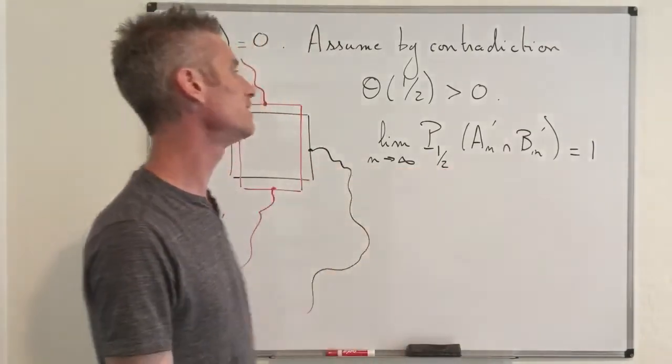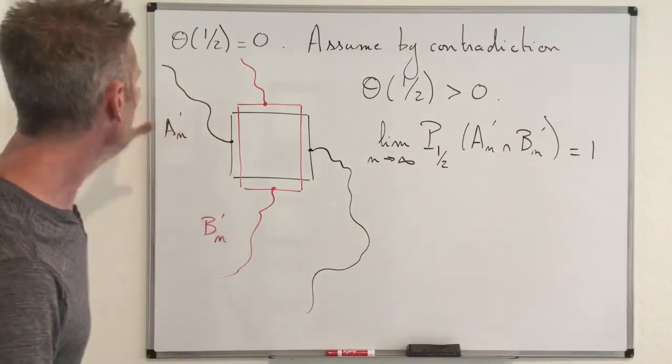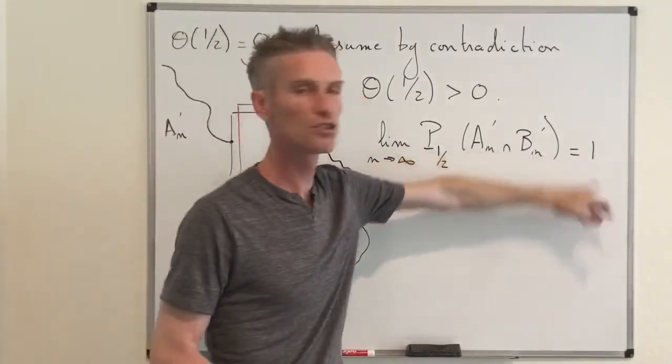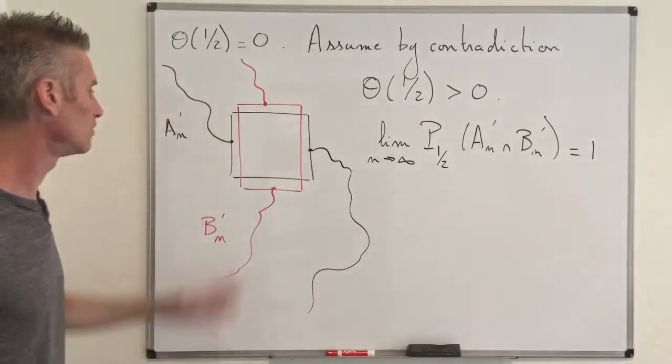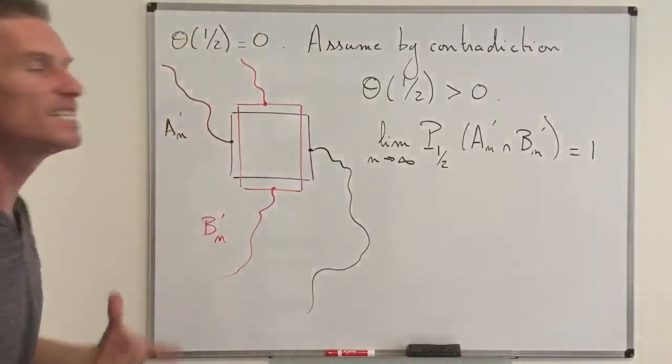So we indeed have this. And so with probability close to 1, those two events are going to occur at the same time.